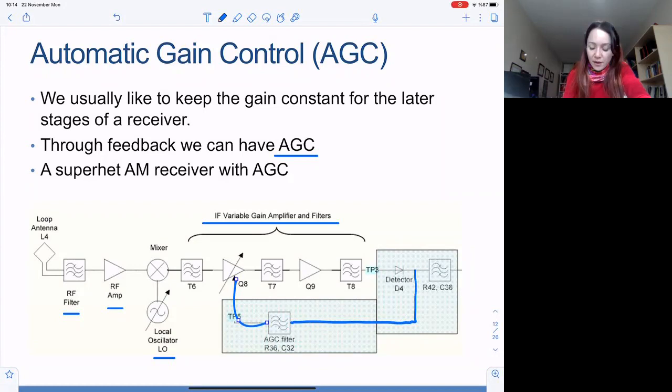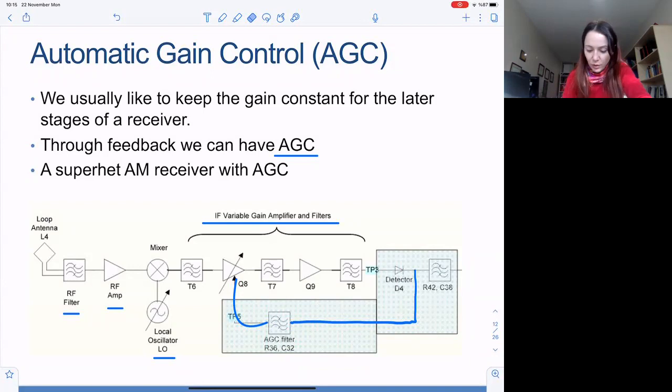So when the received signal has low gain, we tune this amplifier to increase the gain. If it has high gain, we tune the amplifier to lower the gain, so that the signal going to demodulation is at more or less constant gain.